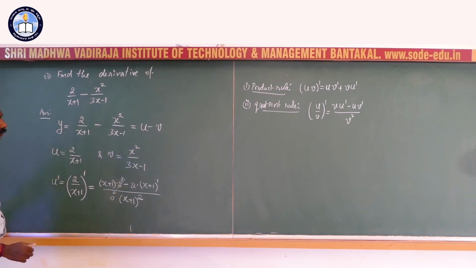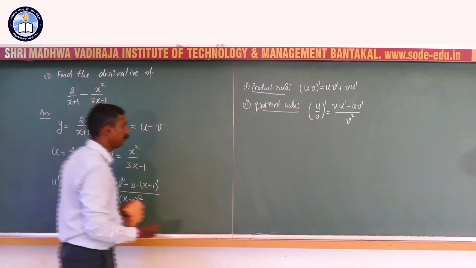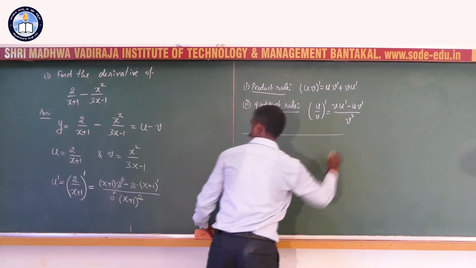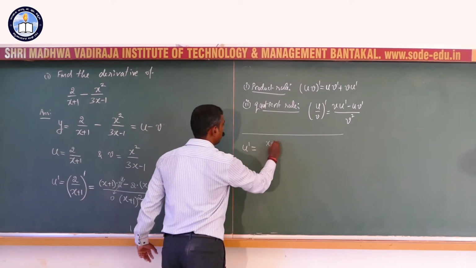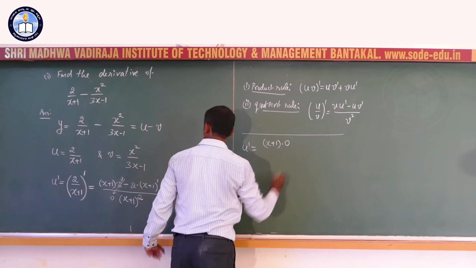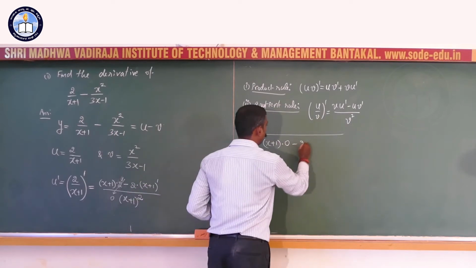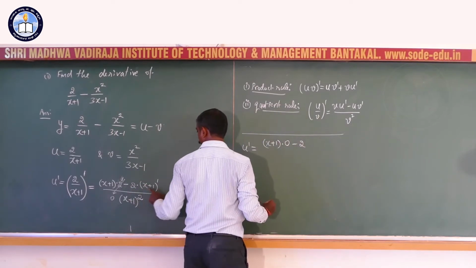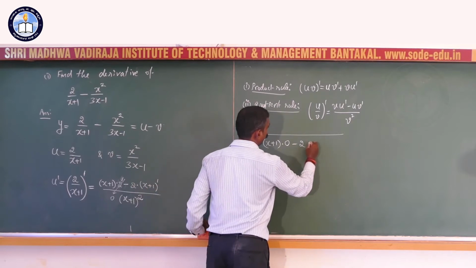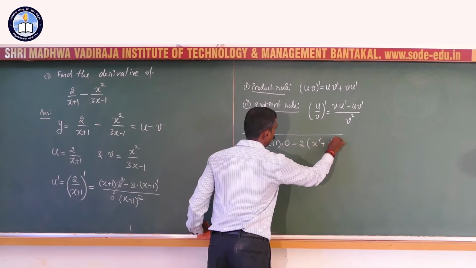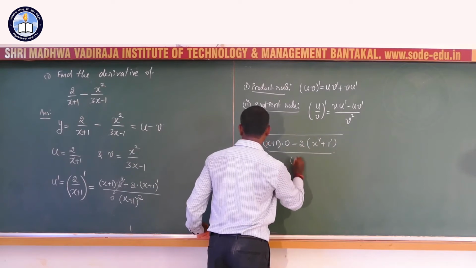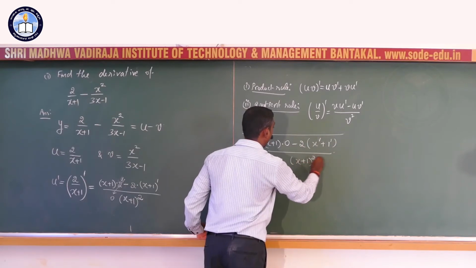Now, we will continue here. u dash is equal to x plus 1 into 0 minus 2 into the derivative of x plus 1, that will be x dash plus 1 dash, divided by x plus 1 whole square.